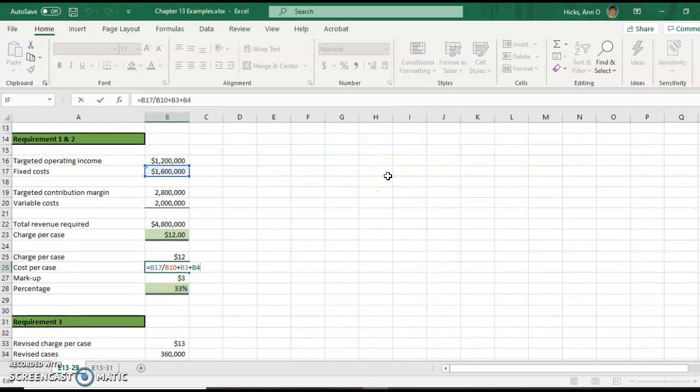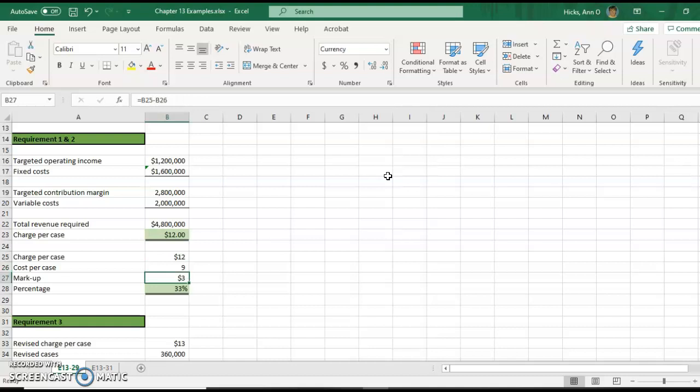And what that gives us is a full cost per case of $9, which means the markup, the difference between what we're charging our customer and our cost, is $3 per case. If I take that and divide it by the cost, that is a 33.33% markup.